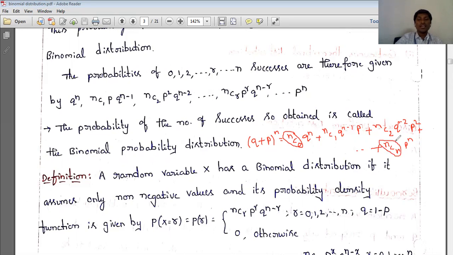Here q represents failures and p represents success. So q^n is all failures.